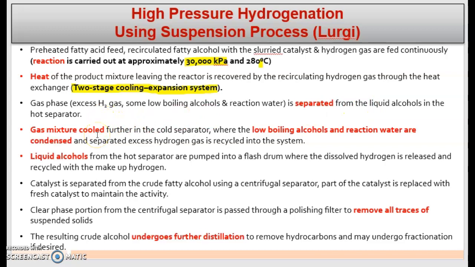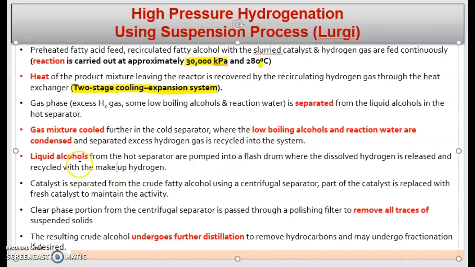The gas mixture will be cooled further in the cold separator, where the low boiling alcohol and the reaction water are condensed. So this is how the alcohol and the water will be separated, and the remaining excess hydrogen gas will be recycled back into the system.